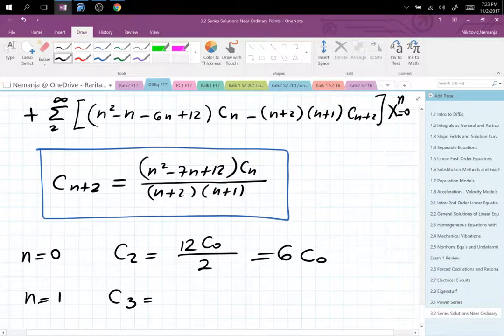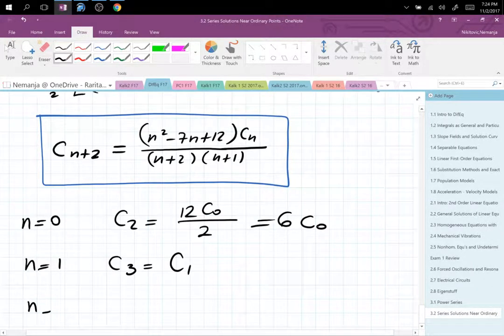Now we have 1 squared minus 7 plus 12, that's 6, divided by 6, so C3 is C1. For n equals 2, that gives us C4. Four minus 14 plus 12 is 2, so it's 2 C2 divided by 4 times 3, which is 12.